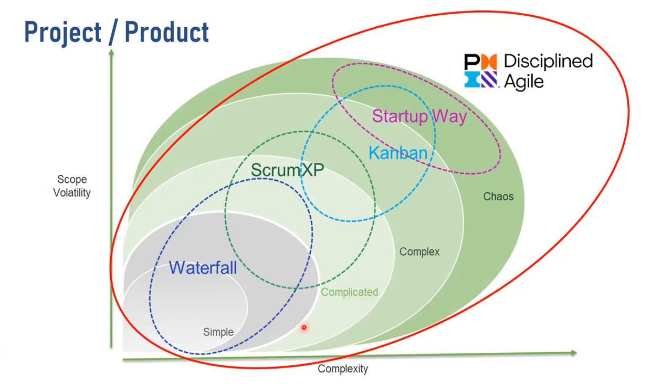In fact, if you look at this red circle with PMI Disciplined Agile here, basically Disciplined Agile, because it exposes choices and process decisions across all of history, basically, and makes them available to you, covers everything, right?